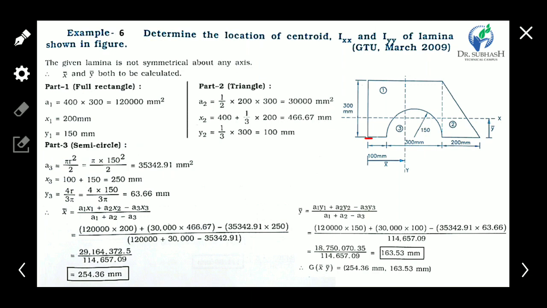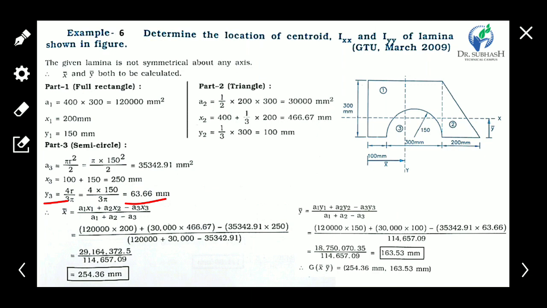Now the horizontal distance of CG of semicircle from the reference axis is R plus 100, and R is 150, plus 100, so 250. Now the vertical distance from the reference axis to the CG of the semicircle is 4r upon 3 pi, and radius is 150. We get the value of y3 as 63.66 mm.